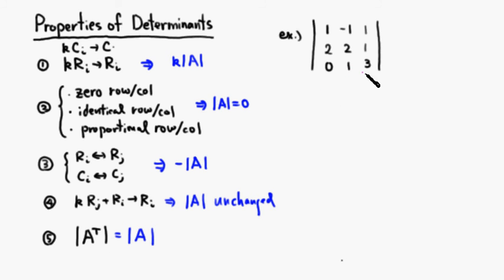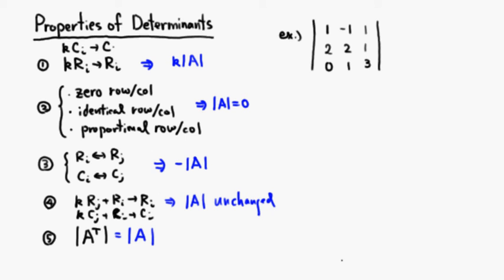We can get rid of this 3 by using a column operation. We usually do row operations, but you can do a column operation as well.